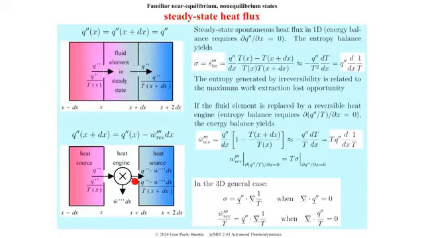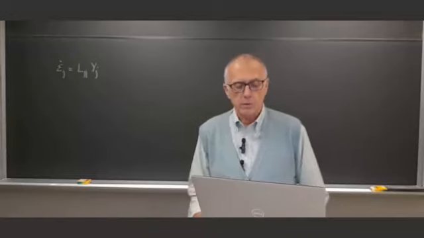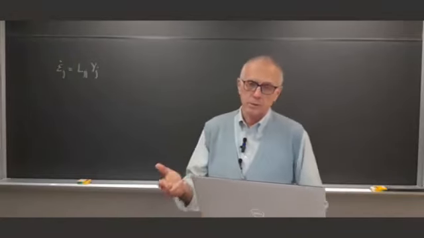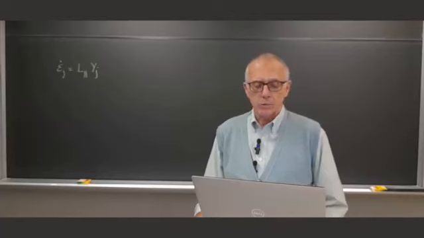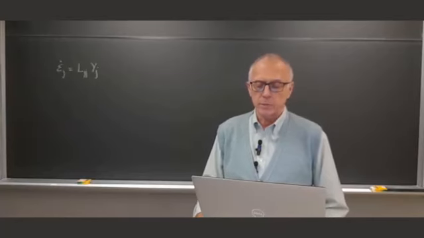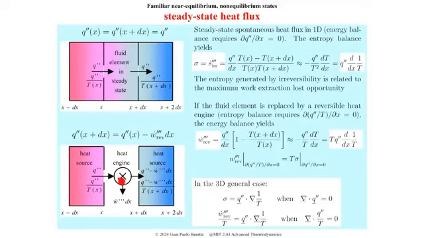We have learned that in order to compute the maximum work, you have to do energy balance and entropy balance, and you have to assume that the entropy produced by irreversibility is equal to 0. If you do that, you start from the entropy balance and impose that the entropy that goes out here is equal to the entropy that comes in.